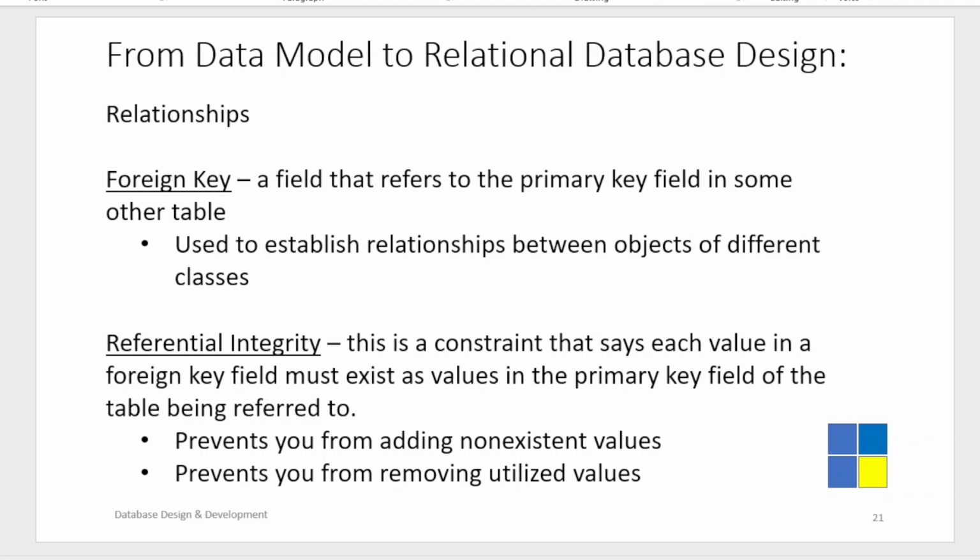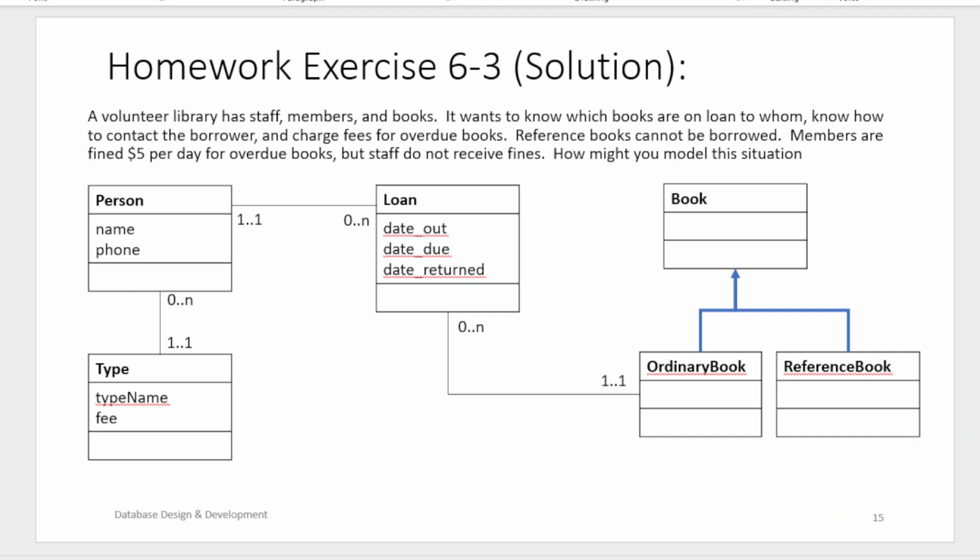All right. From data model to relational database, relationships. So the foreign key refers back to the primary key.